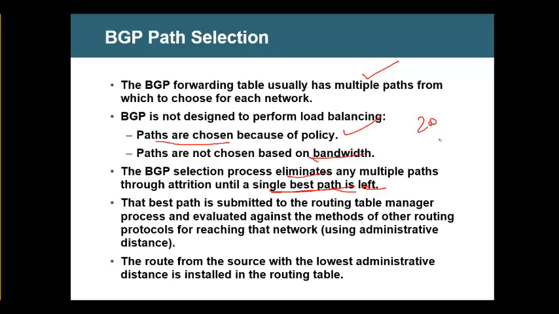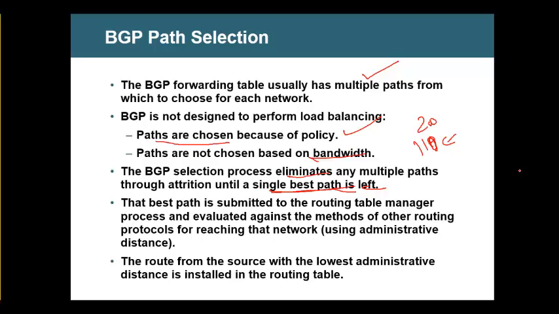If OSPF gives the same route, it will be 110, which is lower, OSPF. So the routing table is not going to immediately take the route just because BGP is giving it and use it.